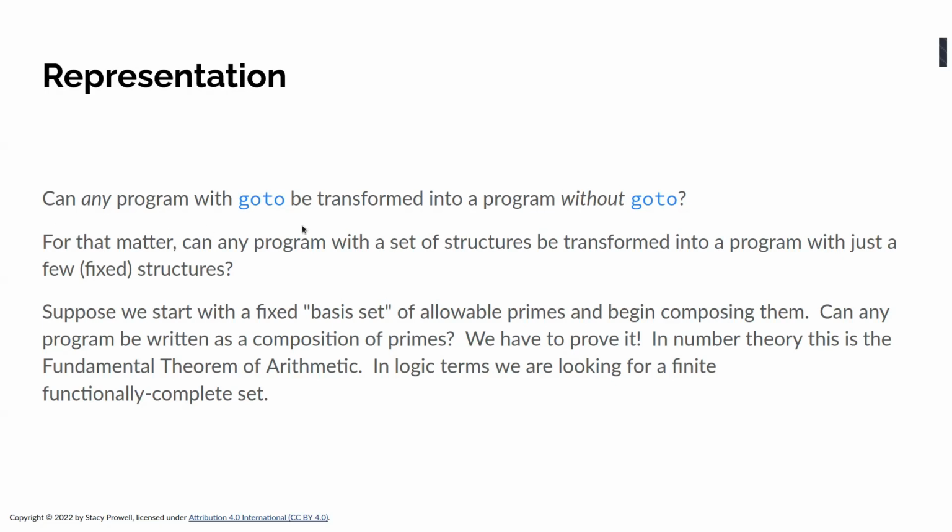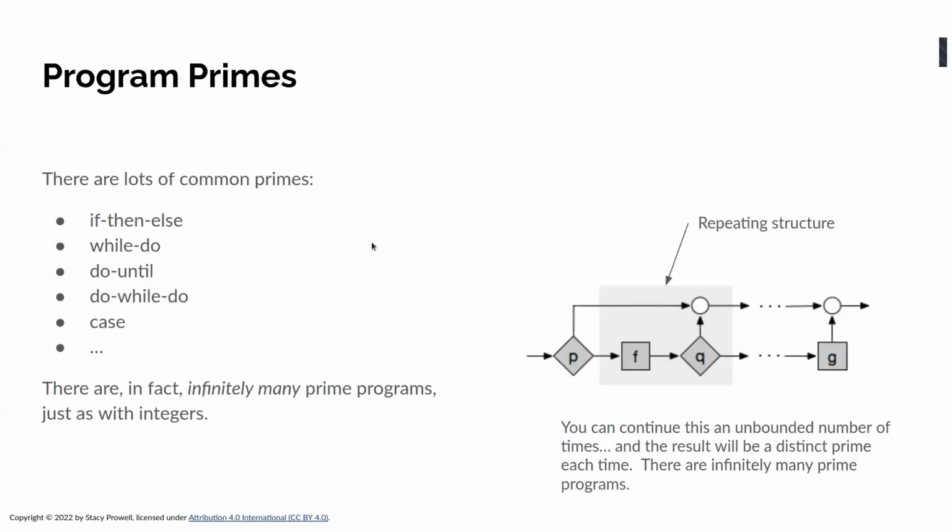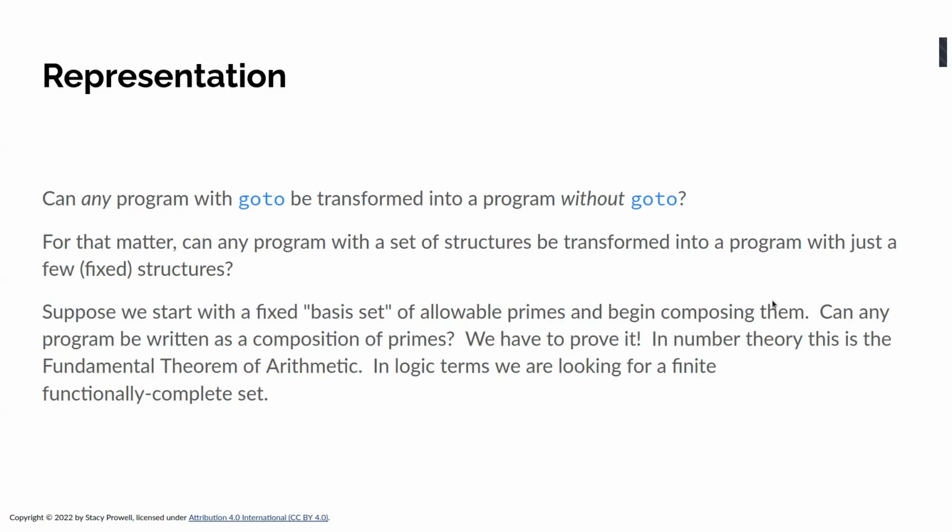So we can ask this: can any program with a set of structures be transformed into a program with just a few fixed structures? In other words, can I take my arbitrarily complicated program, like this thing over here, and rewrite it into something that only uses a few structures? That would be great.